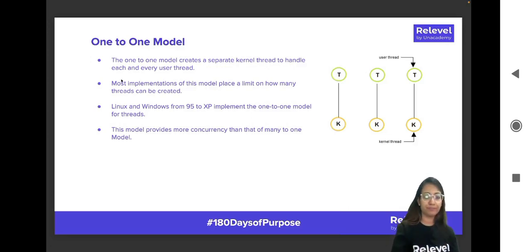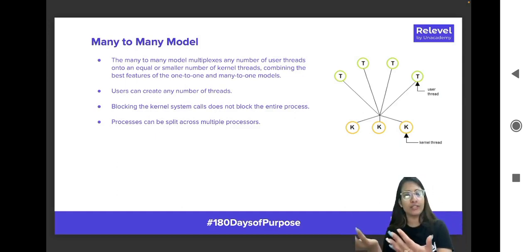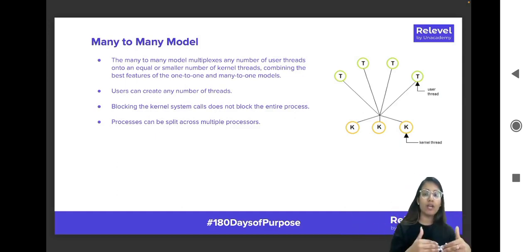Next we have the many-to-many model. What happens in this model is it multiplexes any number of user threads onto an equal or smaller number of kernel threads. So it's like a many-to-many.